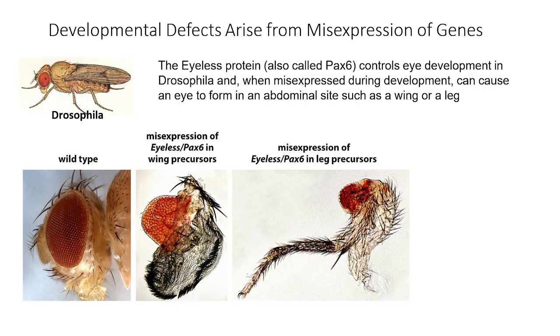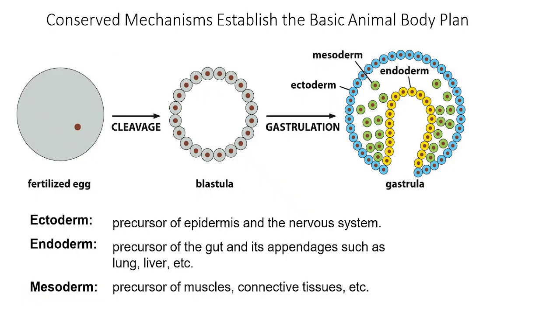Endoderm gives rise to the gut and the appendages like the lung and the liver, and the mesoderm produces the muscles, connective tissue, much of the blood and the internal organs. So this same basic body plan is highly conserved across the animals from the invertebrates to the vertebrates. That is why experiments in model organisms can illuminate mechanisms that are relevant to humans.